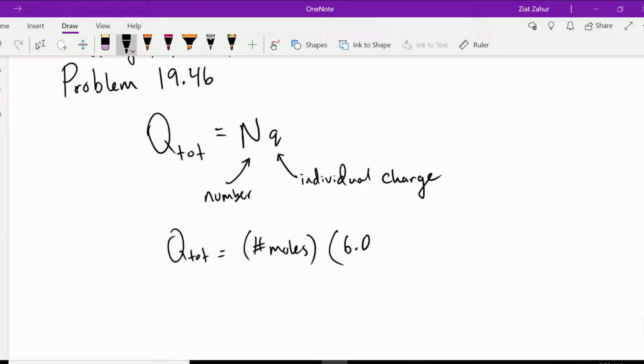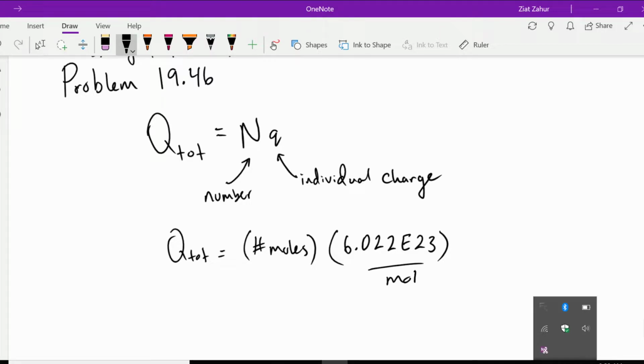6.022 times 10 to the 23rd power. Now the unit for this is over mole, and mol is short for mole, and the moles cancel, or the units cancel. And of course we'll multiply by the charge of an electron, which is 1.6 times 10 to the negative 19.